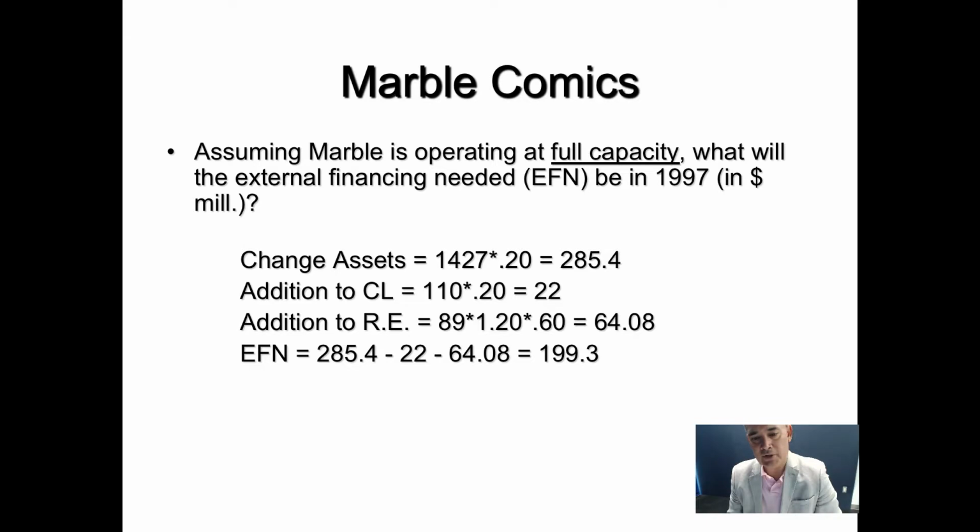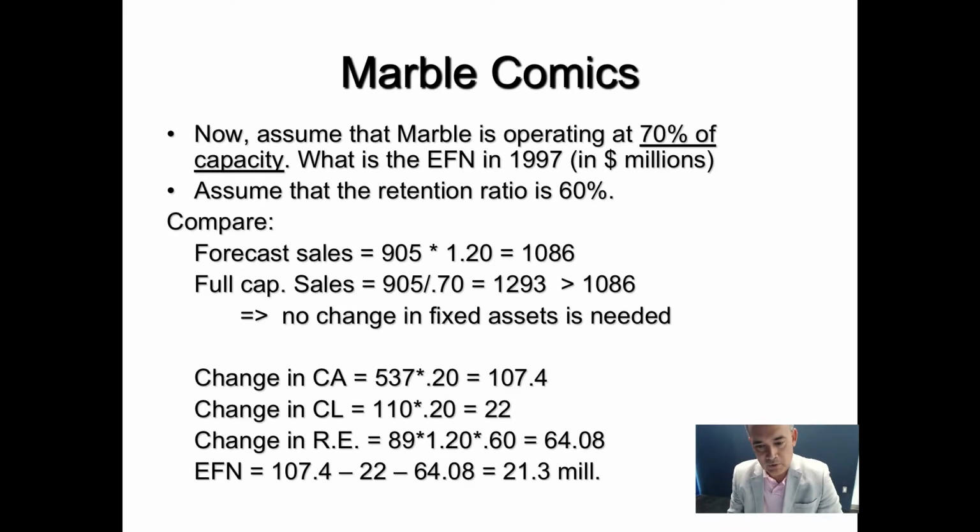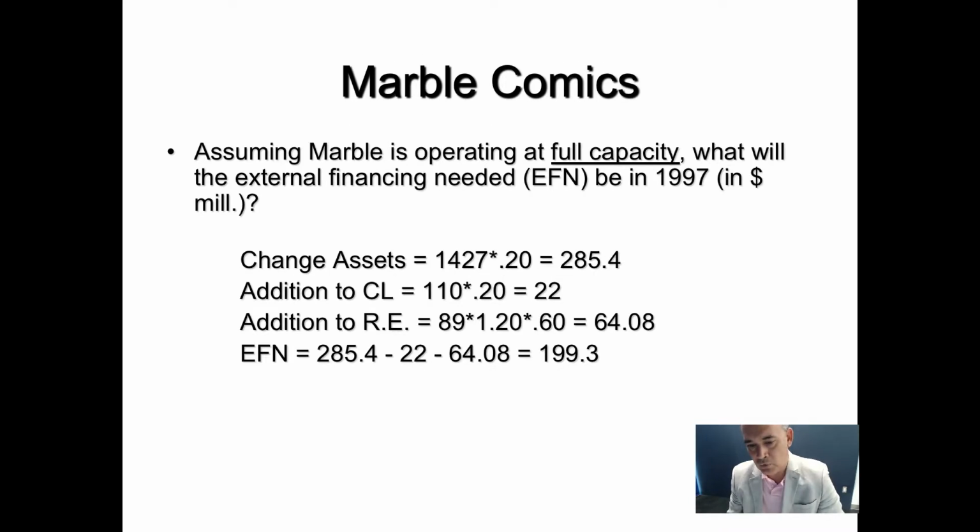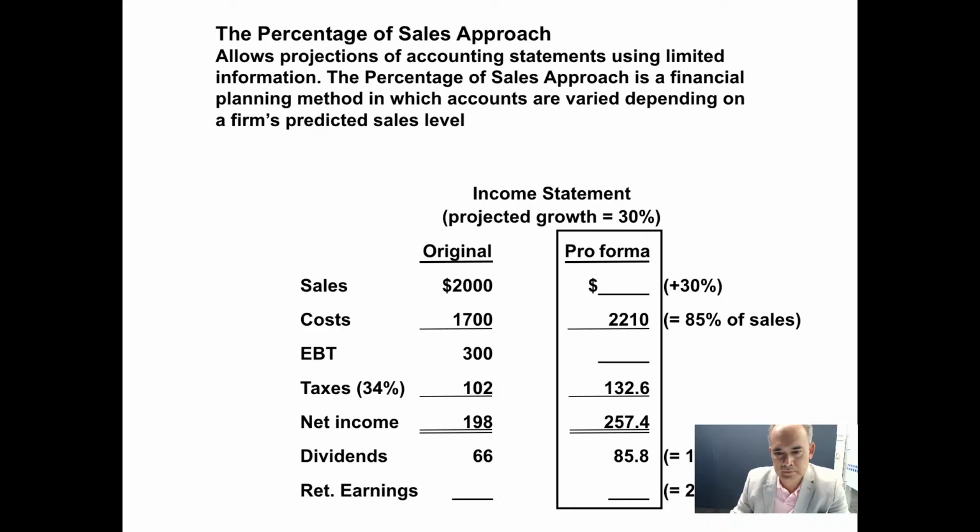My addition to retained earnings is going to be 64 as before. So look, my external financial needs will increase to $199 million. It will go up from 21 to $199 million. What makes the whole difference is the fact that my fixed assets in the second case are part of my spontaneous assets.